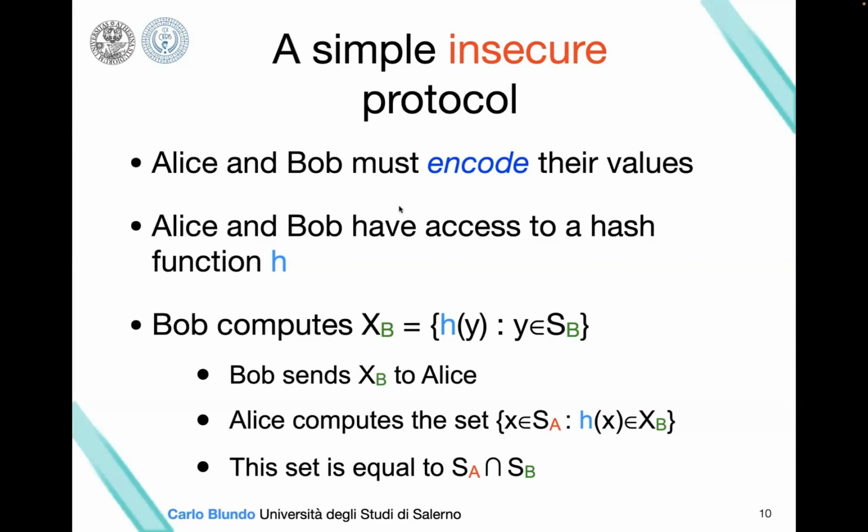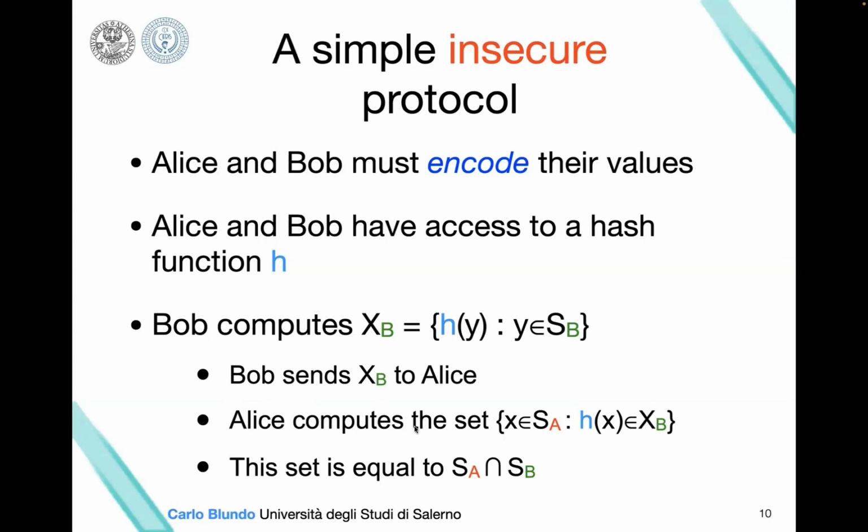The first thing we can think of is that Alice and Bob can encode their inputs by using the hash function h. The protocol from Bob's point of view is quite simple. Bob computes the set SB, which is just the encoding of all the items in his set. So he computes h of y for each y he possesses, and sends this set to Alice.